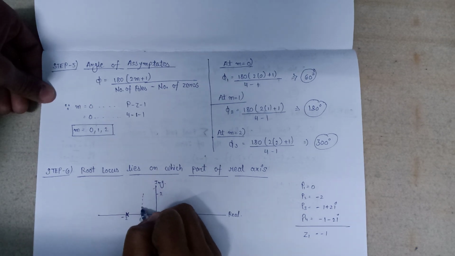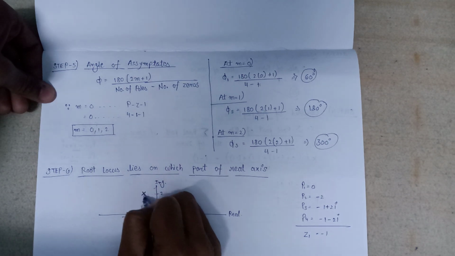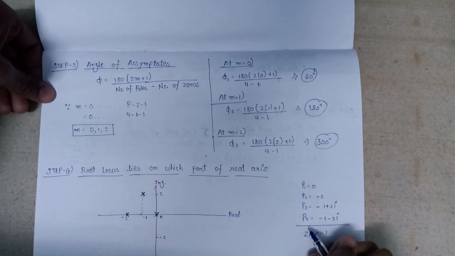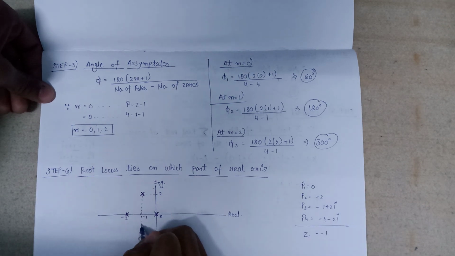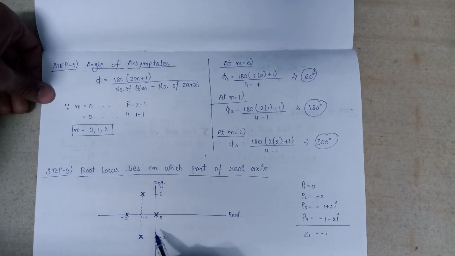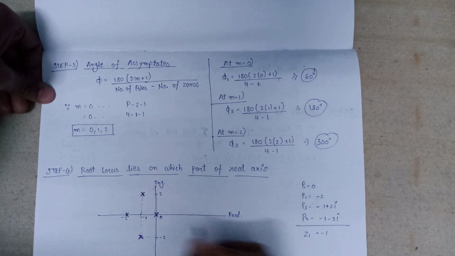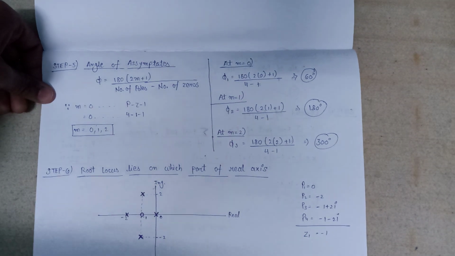So minus 1 plus 2 iota will be here, and pole P4, that is minus 1 minus 2 iota, will be somewhere here at this point. So this is the successful plotting of all the poles, and we also have one zero that is at minus 1. So this is the one zero.